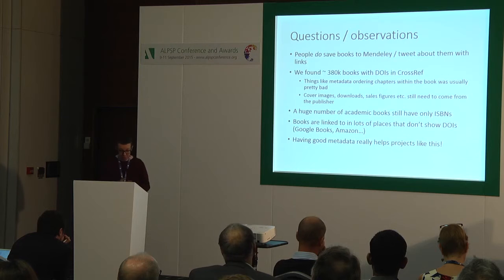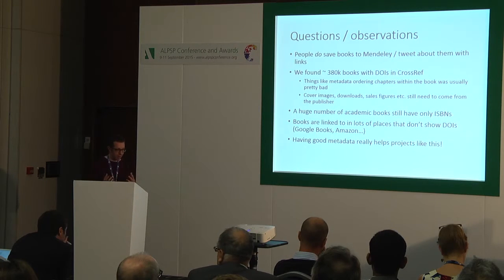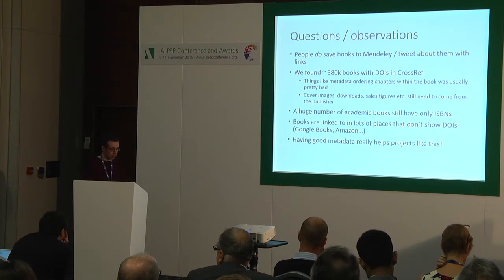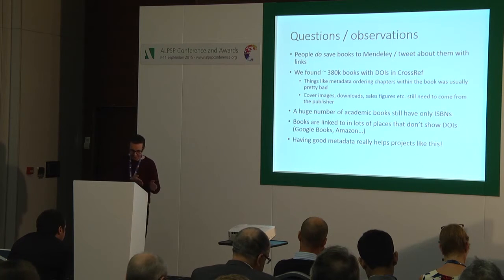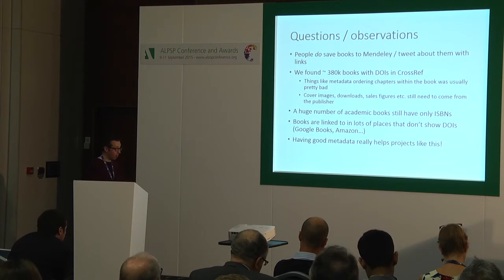Book metadata in Crossref is not great. It's all supplied by the publishers, so it is, to some degree, garbage in, garbage out. But it's because a lot of that metadata isn't seen, it's not used until you have the application, and the applications can't go there until the data is in a good form. It's kind of a chicken and egg problem.